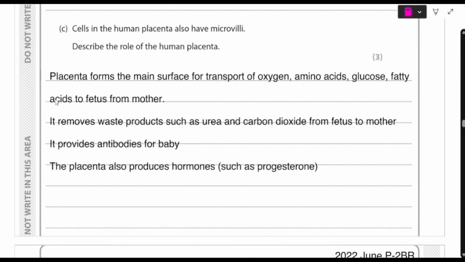So they form the main surface for transport of oxygen, amino acids, glucose, and fatty acids to the fetus from the mother, and remove waste such as urea and carbon dioxide from the fetus to the mother, and these are done by diffusion. It provides antibodies, and they can produce hormones such as progesterone to maintain the uterus lining.